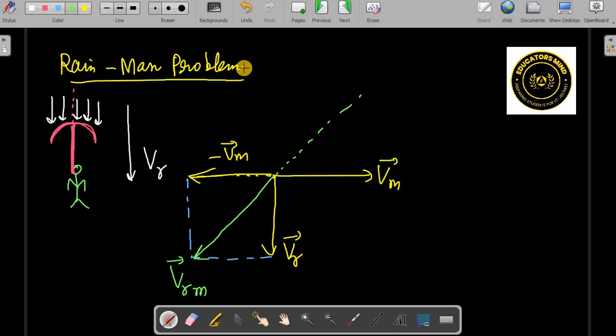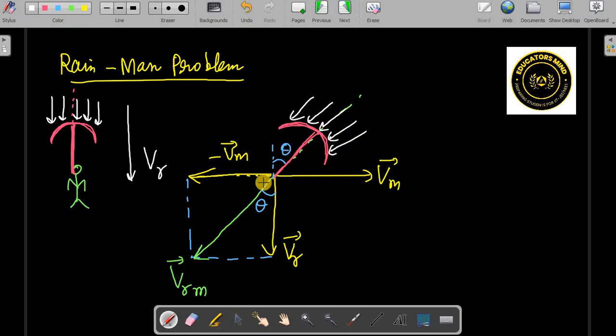So he must put the umbrella in this direction, like this. The angle with the vertical at which he has to keep the umbrella will be this angle theta, because this is how the rain will be coming with respect to the man.